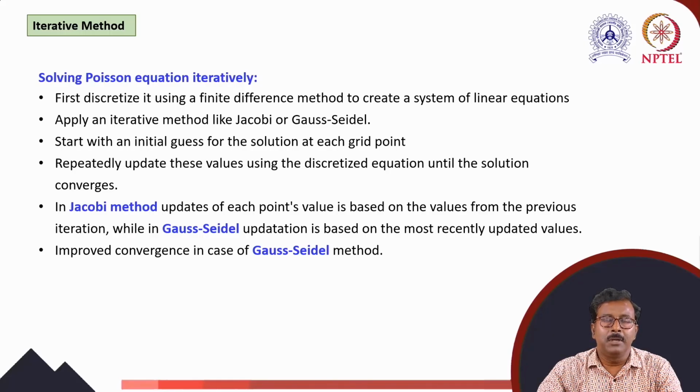Actually, in the Gauss-Seidel method, we update the node values, and on the right hand side of any node's equation, we can use the very recently updated values even in the same iteration. But in the case of the Jacobi method, the updating of node values is based on the previous iteration only for all the nodes.